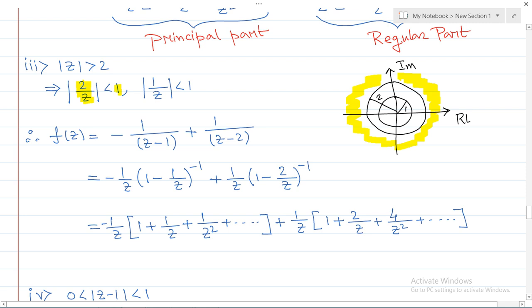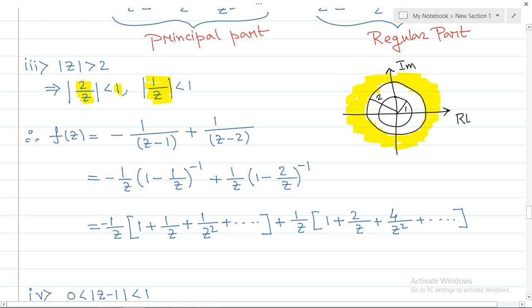Now you see, if 2 by mod z is less than 1, then you are already in this region. If this region is outside 2, then it is outside 1 also, outside the inner circle too. Therefore 1 by z will also be less than 1. Again I am explaining: this region that I am shading lies outside the outer circle.